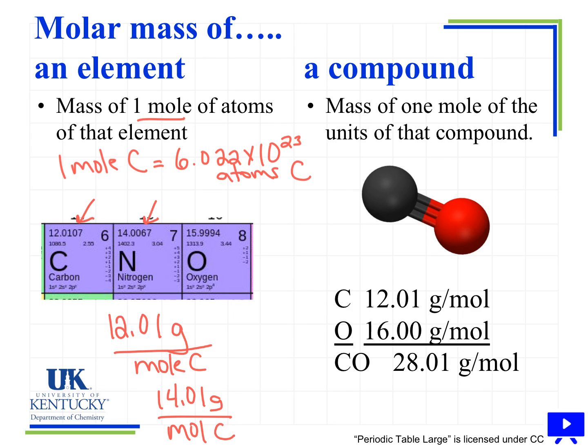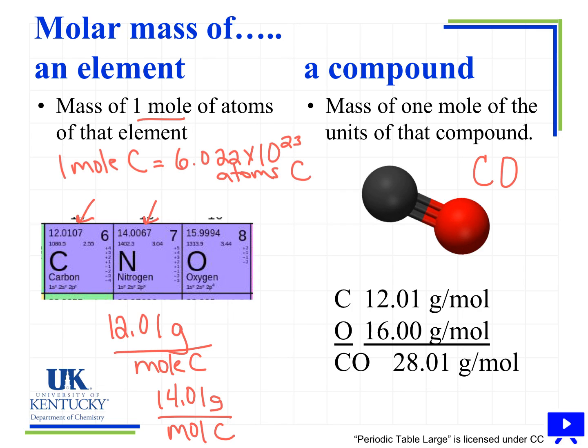Now, when we look at a compound, we want the mass of 1 mole of the units of that compound. So let's look at the compound carbon monoxide: capital C, capital O. Notice there are no subscripts, and that tells us that we have 1 carbon and 1 oxygen in each molecule.